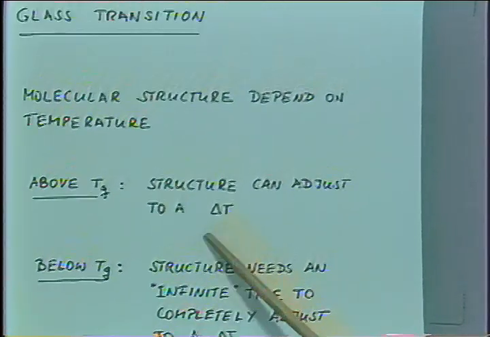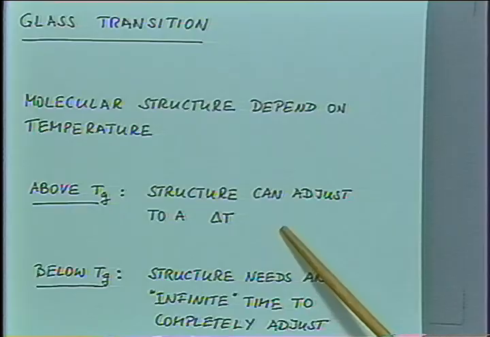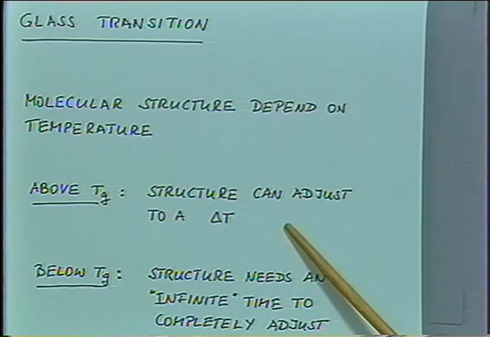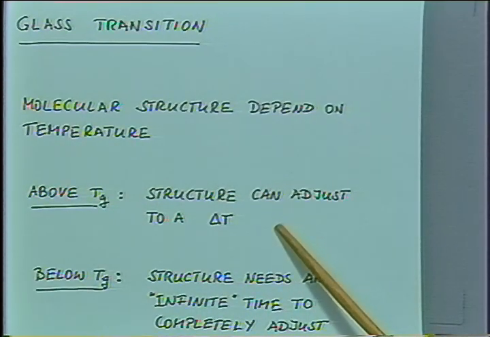Now, if you go below Tg, then the structure cannot go to its equilibrium formation. The molecules are out of equilibrium, and this will give rise to some new properties, and it's much more complicated.